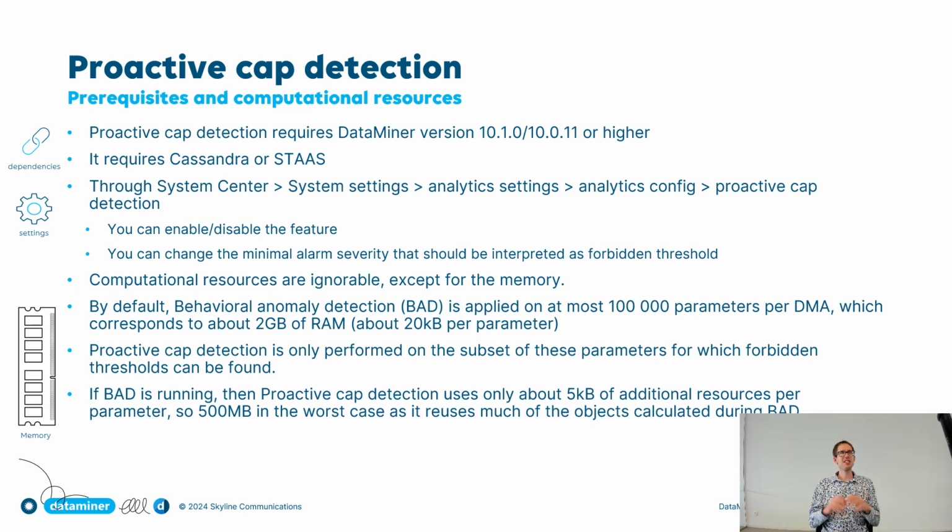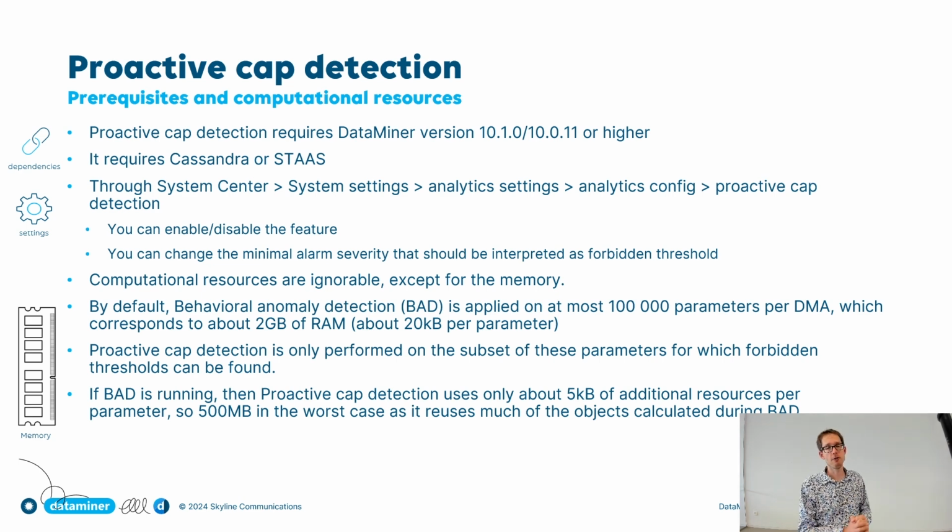Behavioral anomaly detection is a very crucial feature. It will help you to detect subtle changes in behavior, and so it can help you to detect issues before they happen. Behavioral anomaly detection is also used in relation learning to automatically learn relations between different components and parameters in your network. So this is a very crucial feature.